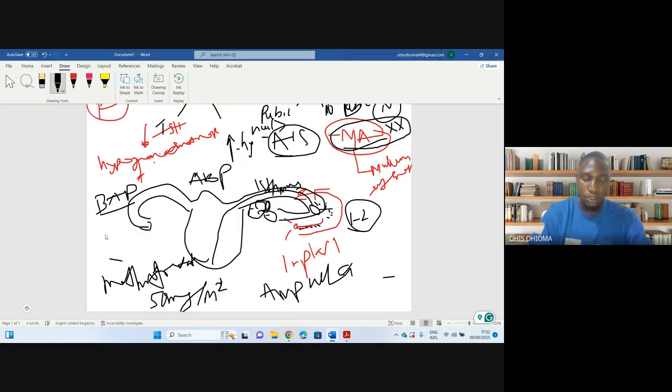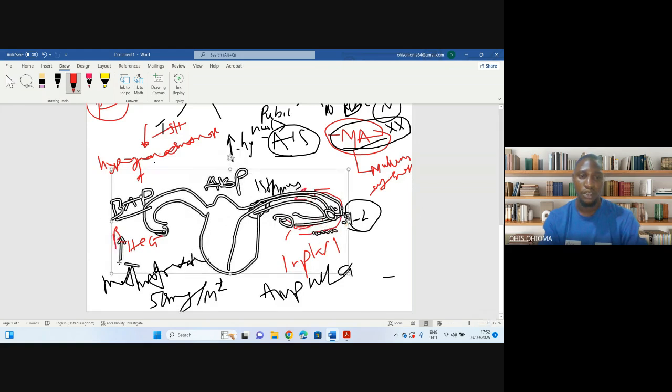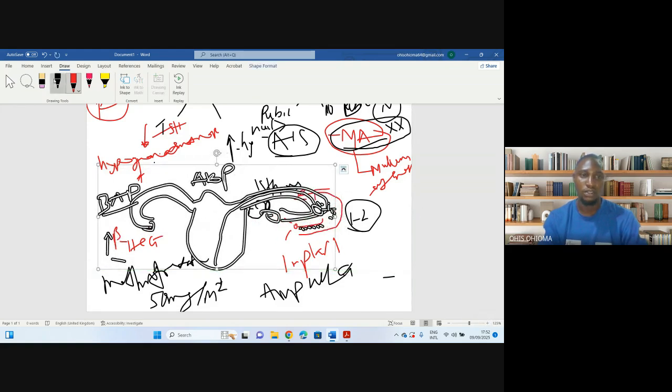And usually what you have in this patient is that the beta HCG rises, but it doesn't rise as it's supposed to rise. Beta HCG is supposed to double every 2 days, and that is the sign that the embryo is inserted into the uterus.